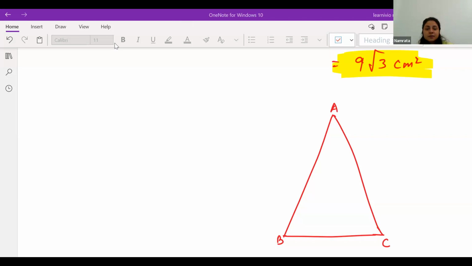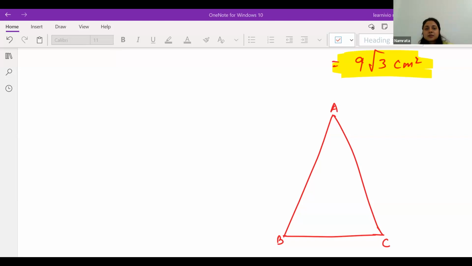Alvina, am I audible to you? Ma'am, the inside part of the triangle is the area, and the outer boundary of the triangle is the perimeter.